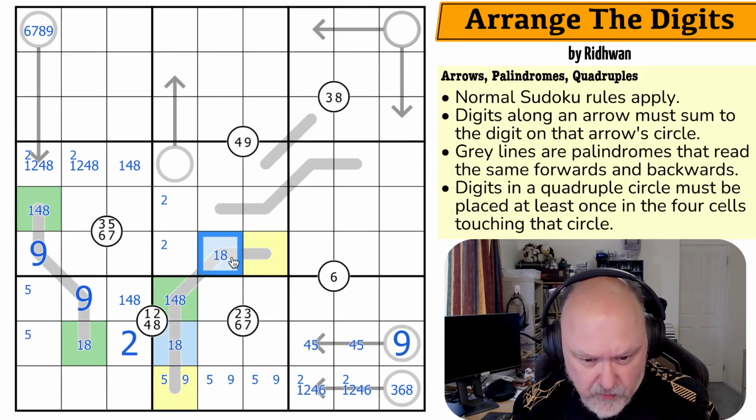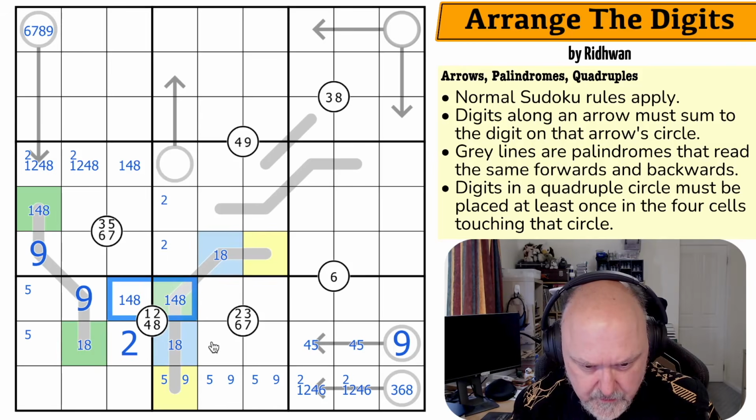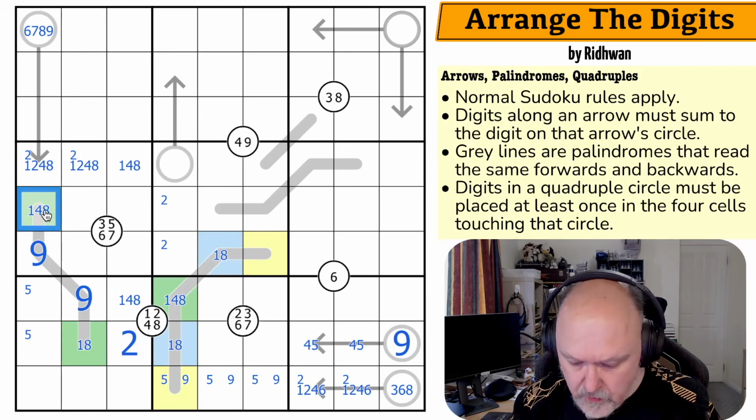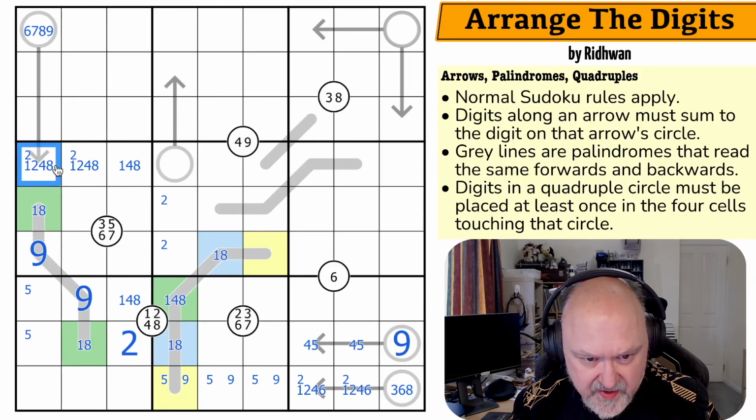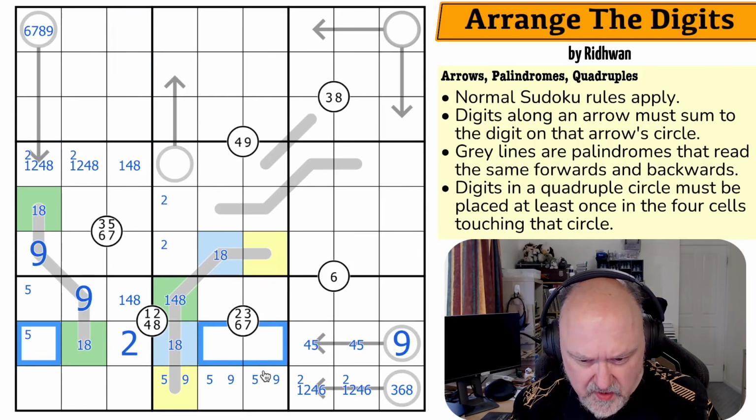So this isn't a 4. 4 is in one of those 2. This isn't a 4. 2 is not there. I already had that. 9 is up here. What are these? They're not 1, 2. They're 3, 6, 7.